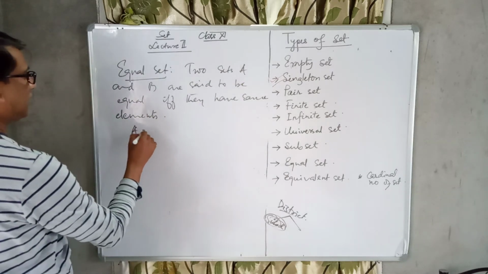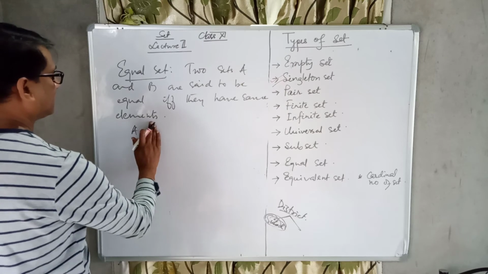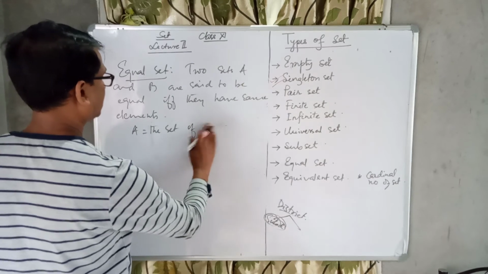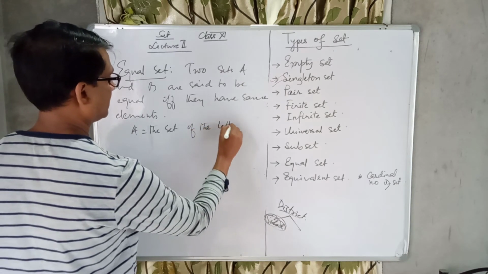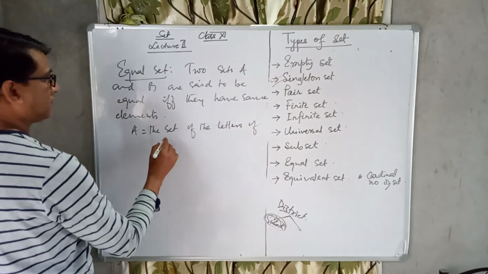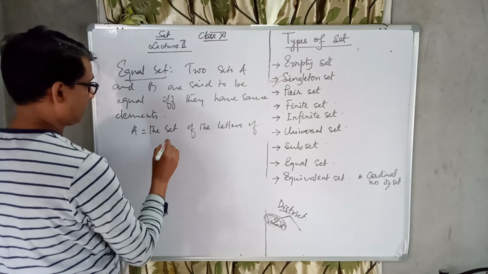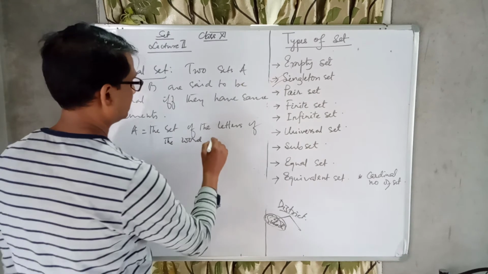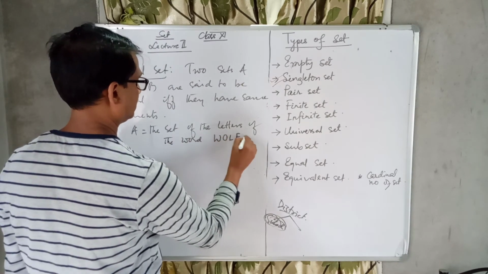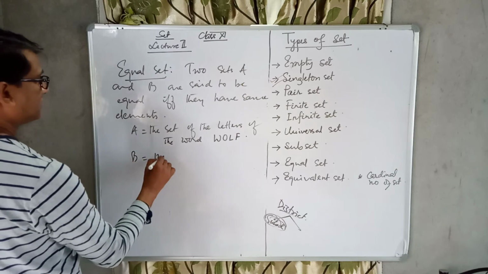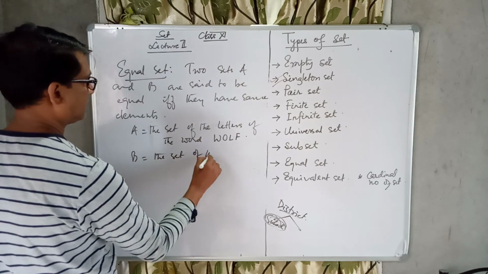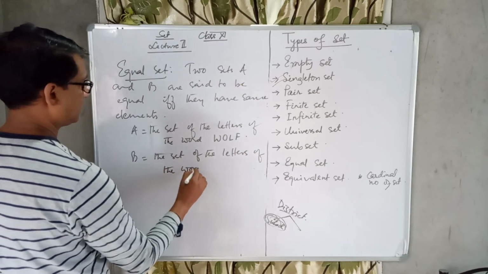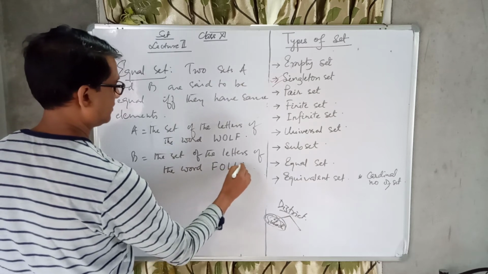As for example, A is the set of the letters of the word wolf, and B is the set of the letters of the word follow.